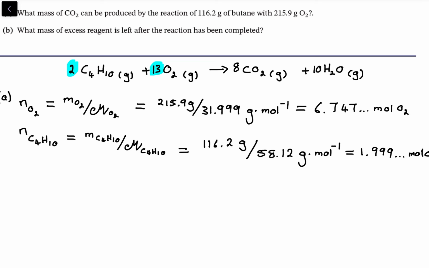Well, probably only about 1 mole. So if we're only going to use up 1 mole of butane, how many moles of butane do we have? We have about 2. So if only 1 mole reacts, is butane in excess? Yes, there's 2 mole of butane. So if only 1 mole is actually used up, it means there's some of it left behind.